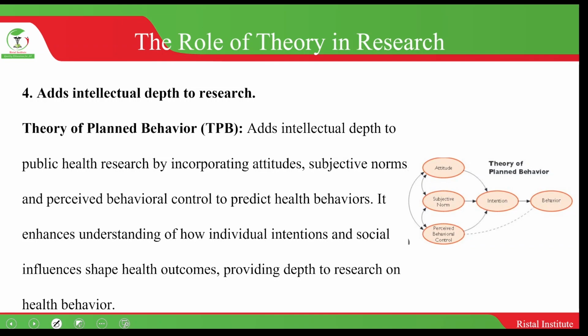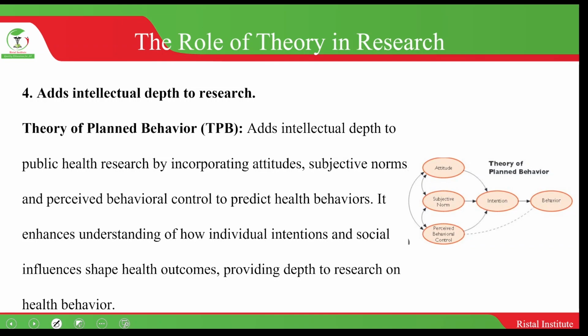Theories help in expanding the intellectual depth of the research. Because if you don't use a theory, you are likely to leave out certain areas of the research that you could have explored if you had used the appropriate theory.